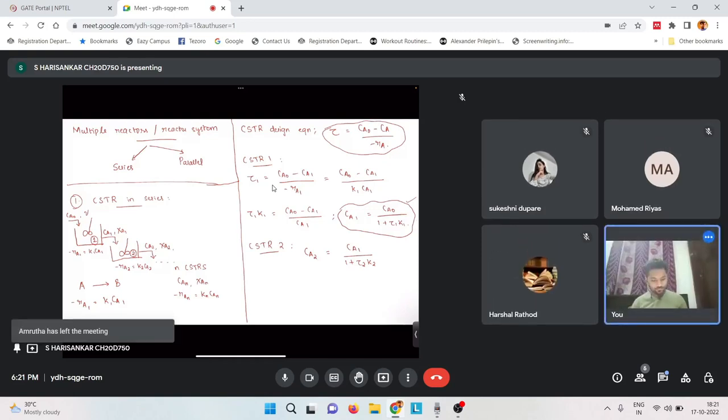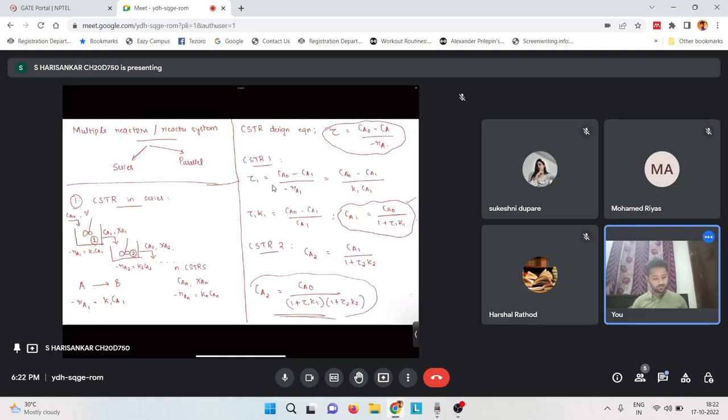So Ca2 will be Ca0 by 1 plus tau 1 K1 into 1 plus tau 2 K2. So this will be our general equation for CSTR number 2. We just substituted Ca1 from our CSTR1 into CSTR2.